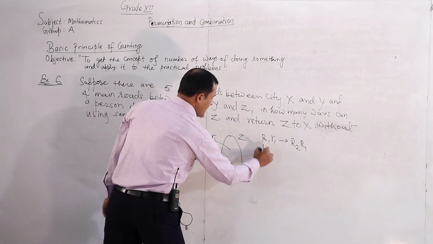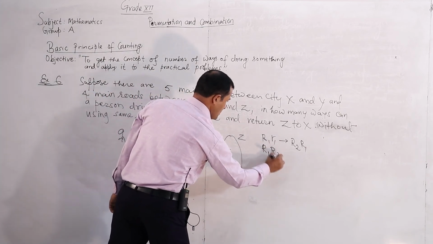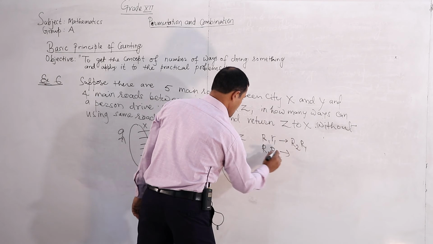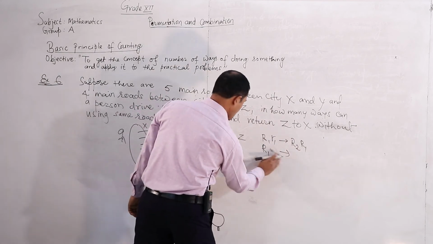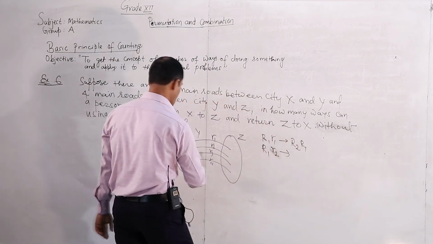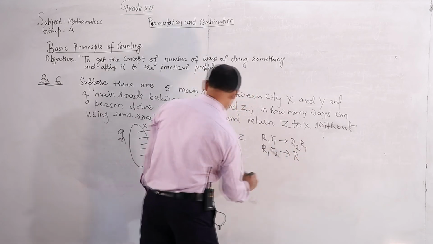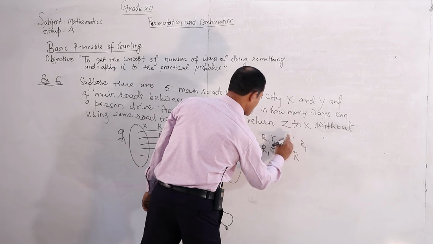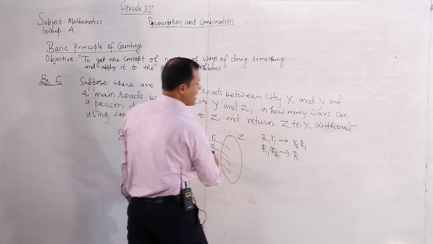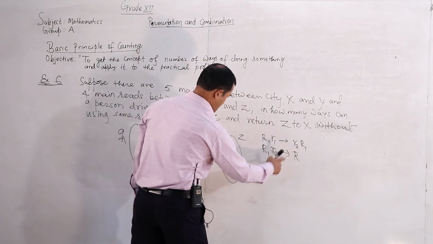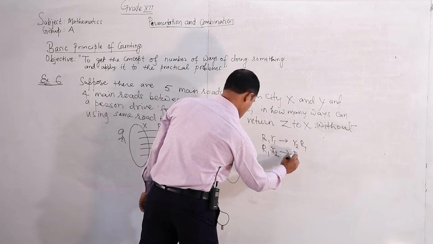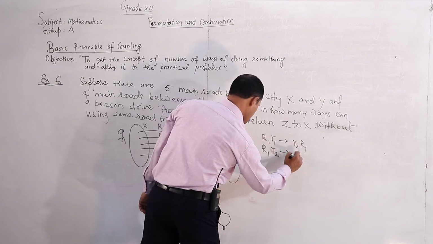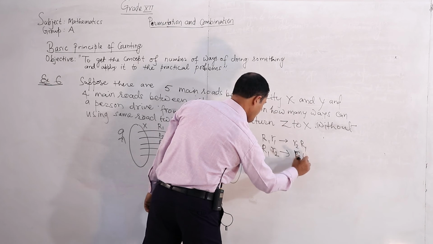So R1 R2 going, and while returning R2 R1, or R3 R1.